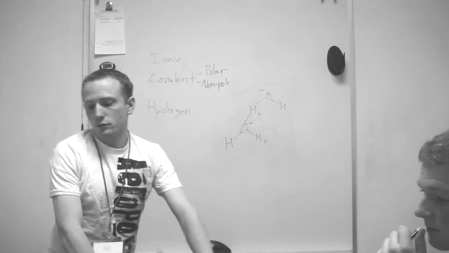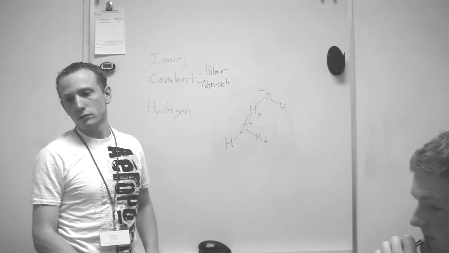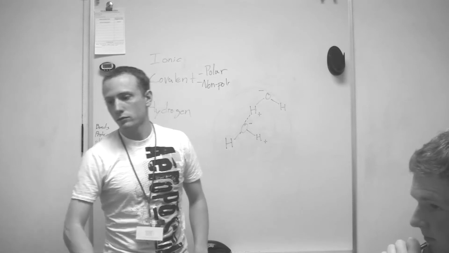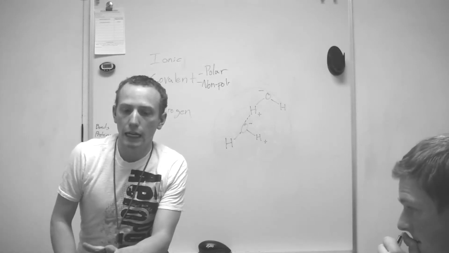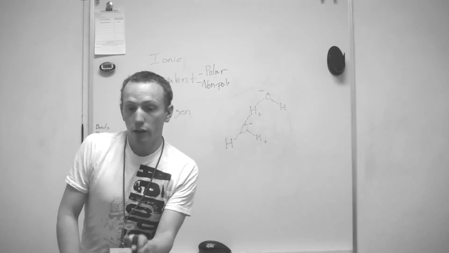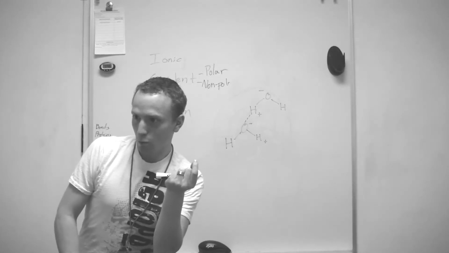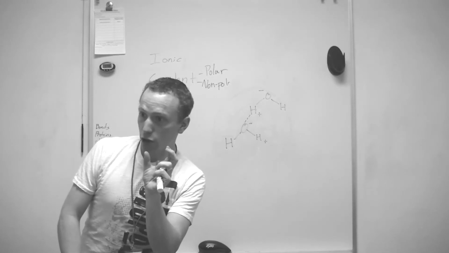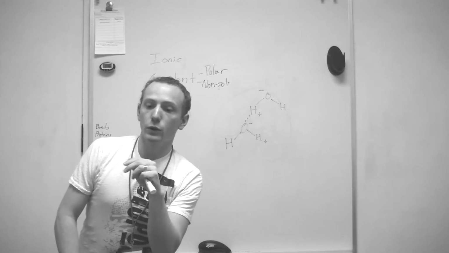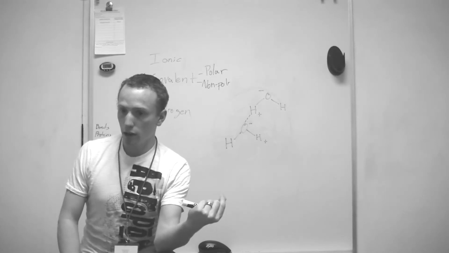So in the hydrogen bond, the negative end is attracted to the positive end. The hydrogen bonding is going to be between hydrogen, which will have a slight positive charge, and a negative end of the molecule.